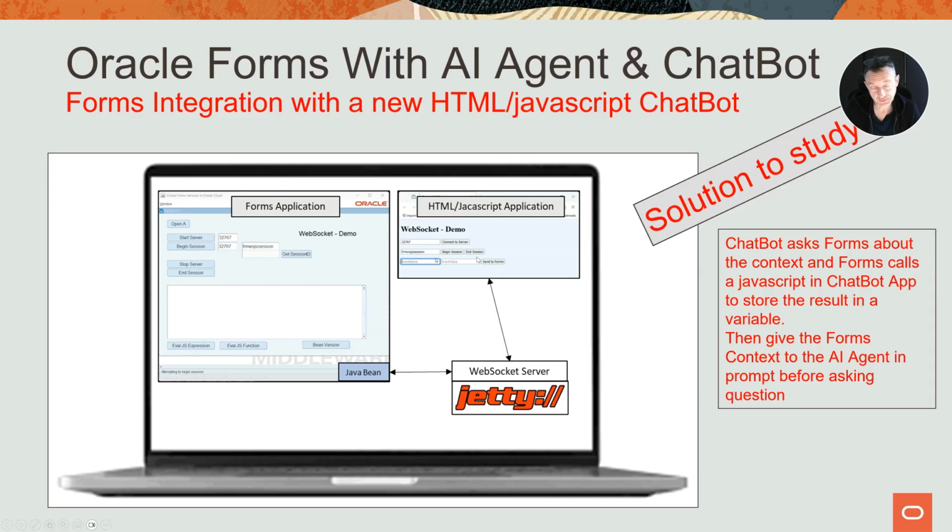Then Forms gets the event, does a job and queries the cursor position, block name, item name, module, and so on, and sends that to the HTML JavaScript application. And then the AI agent can use the context before giving an answer.